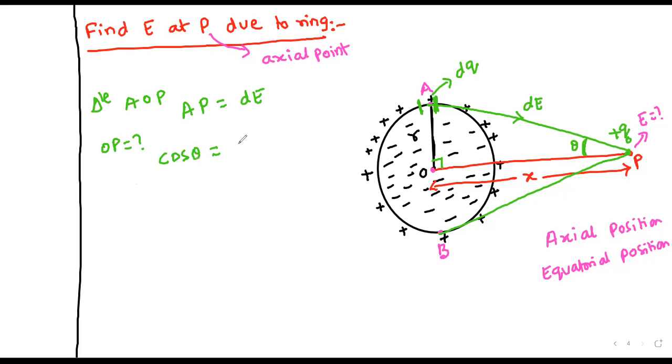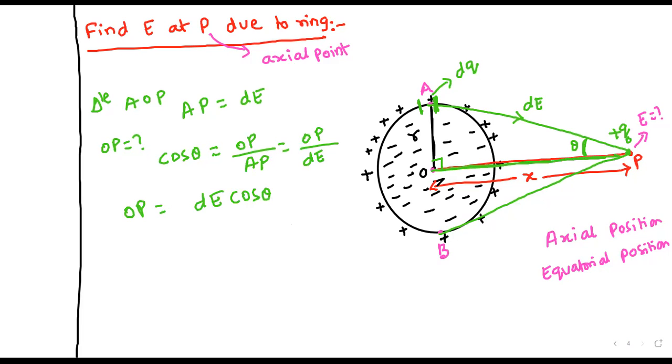Cos theta is equal to OP by AP, that is OP by dE. So OP is equal to dE cos theta, right? Why am I finding OP? Because along this direction only, I need to find the electric field.